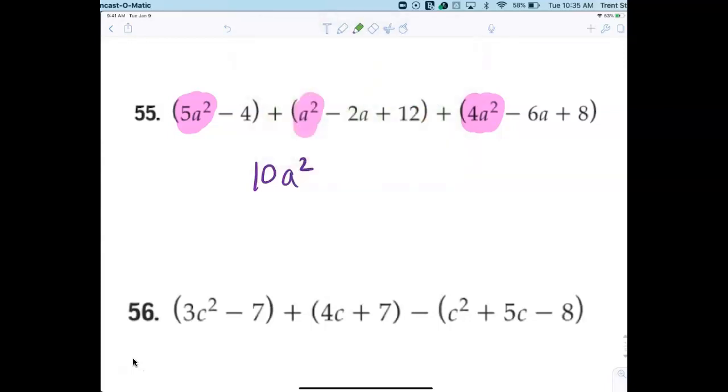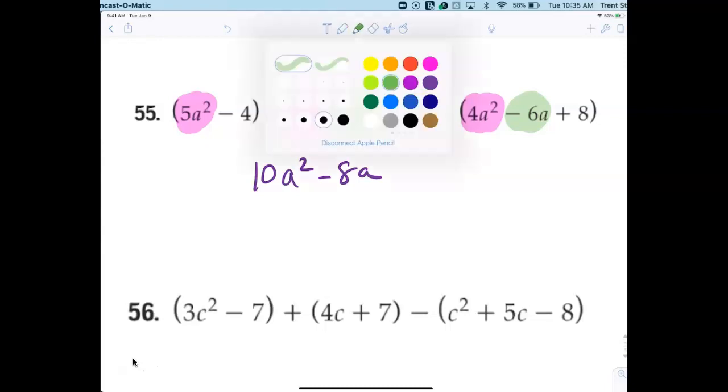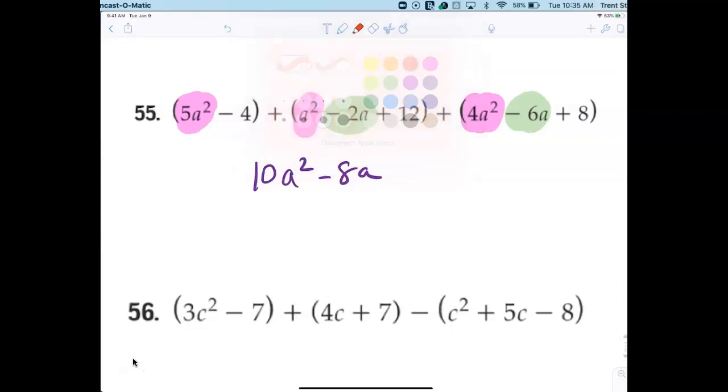Now we're looking at negative 8a or minus 8a. And then, thank you. Come on, guys. I told you that's super easy. Everybody agreeing with me? Right.